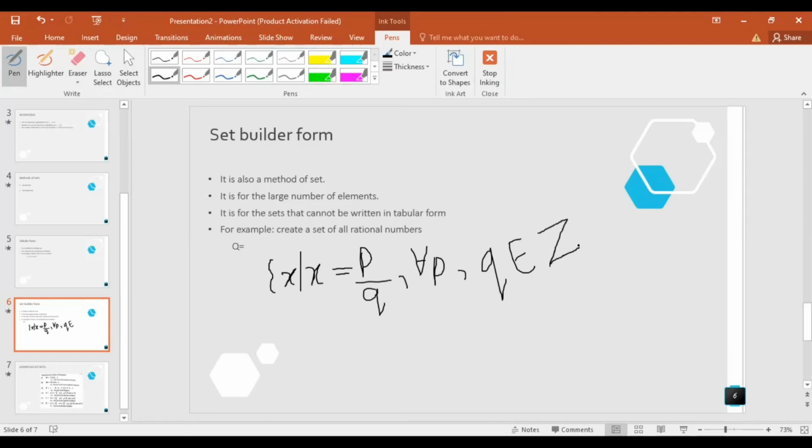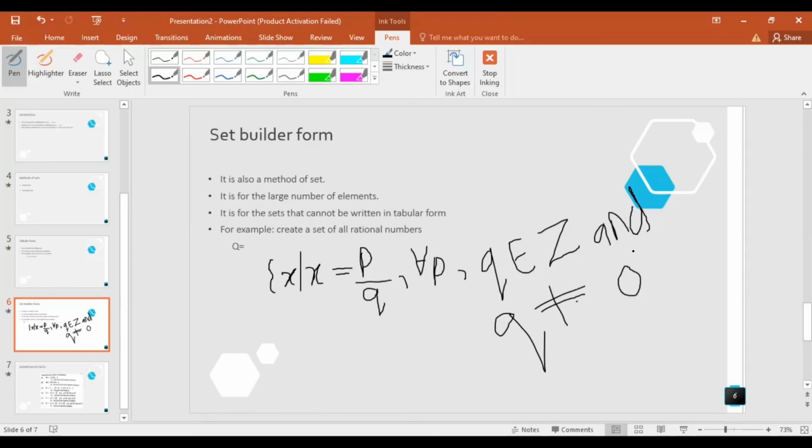P, Q belong to integers, and Q is not equal to 0.